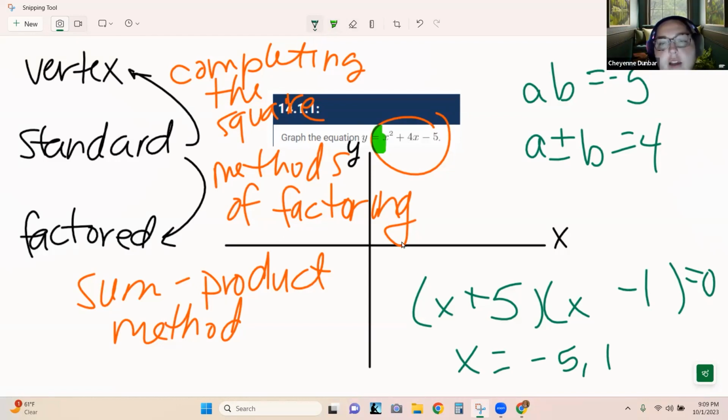So you would have one x-intercept at 1, and the other one would actually be at -5. So remember, when you factor into these two sets of parentheses, you have to set each section of parentheses equal to 0 and actually flip the sign to find where it hits the x-axis, which would actually be -5 and +1. Any questions so far on how I'm figuring out the graph for this so far?